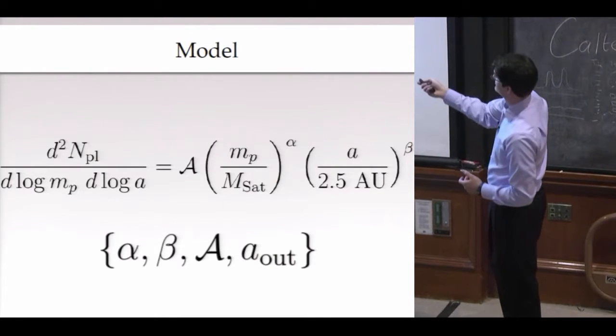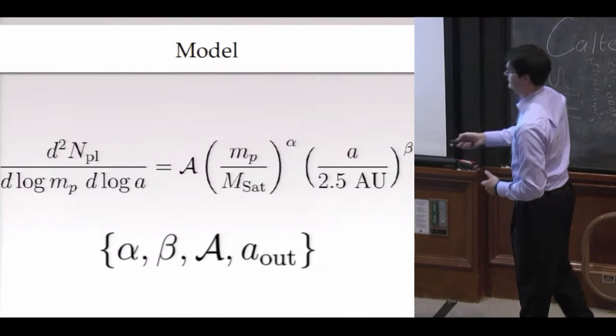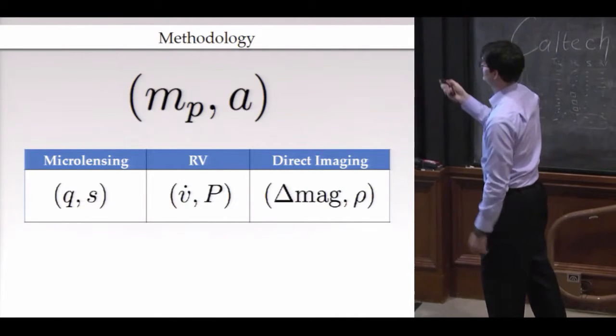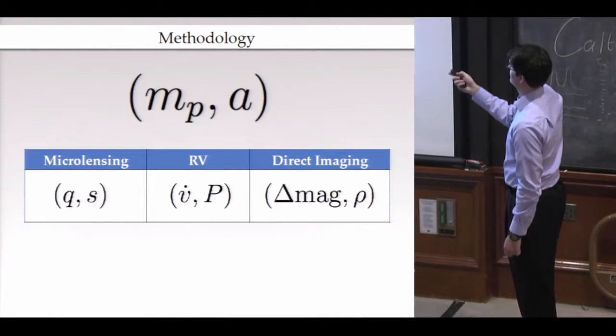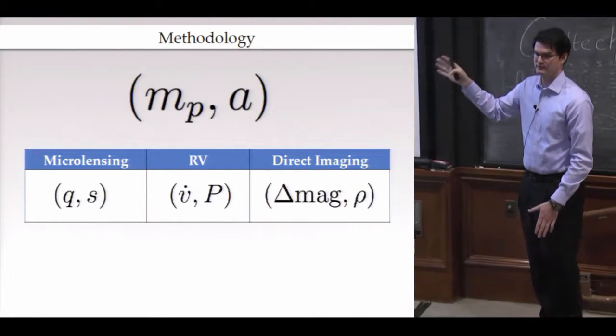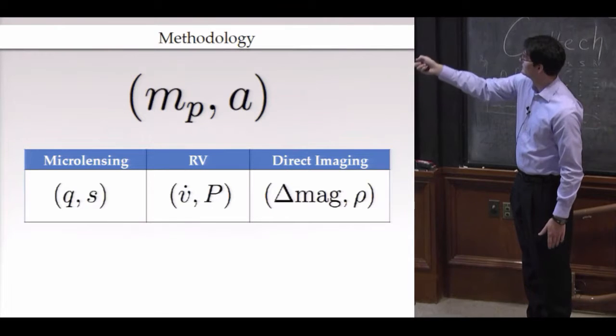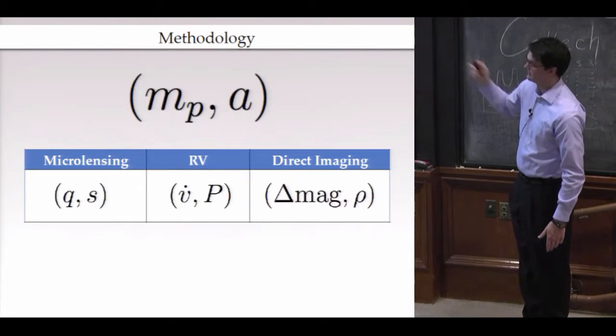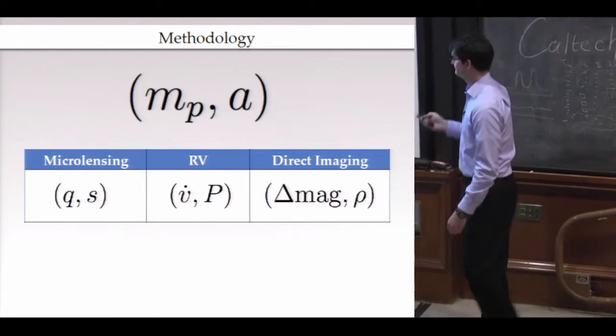What we do is take a random set of these parameters and generate a population of planets. These planets are now described by masses and semi-major axes, and then we have to do the same problem as before of mapping into the observable spaces for each of these different detection techniques.